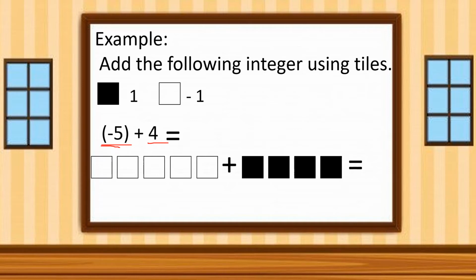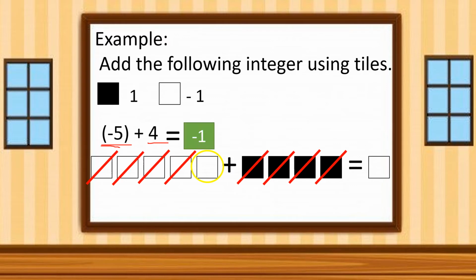Yes, meron po. So let us count. So we have here 1, 2, 3, and 4. May natira po ba? Or ano po yung natira? So may natira tayong isang puting tile. So that one white tile represents negative 1. So therefore, negative 5 plus positive 4 is equal to negative 1.